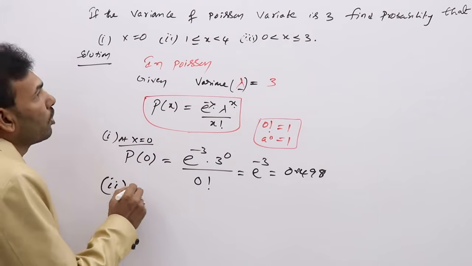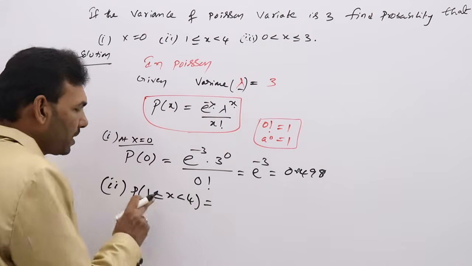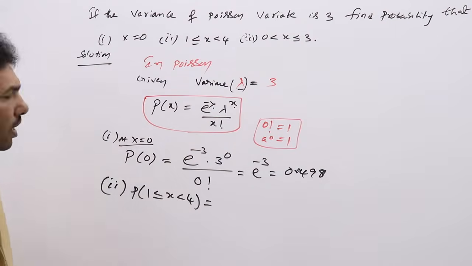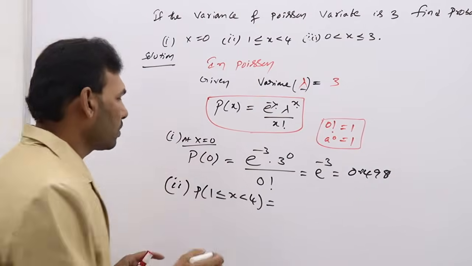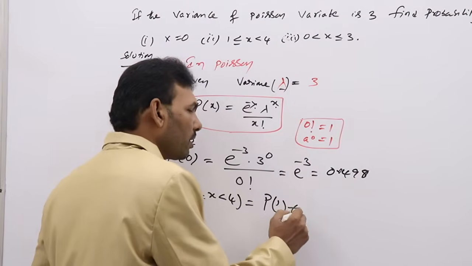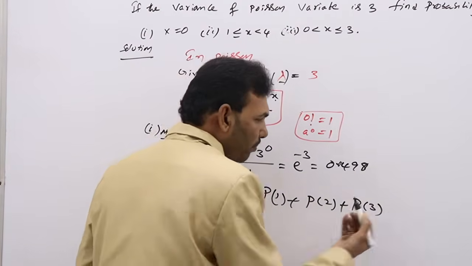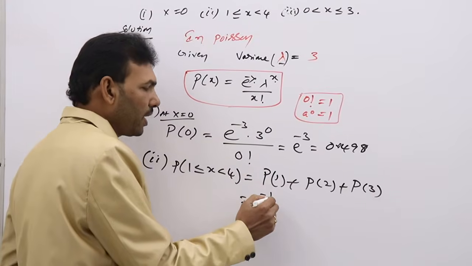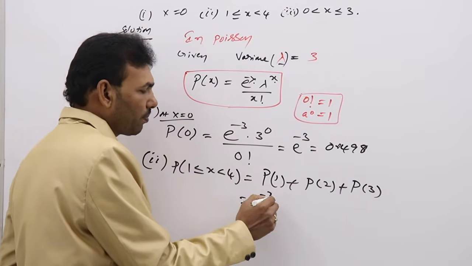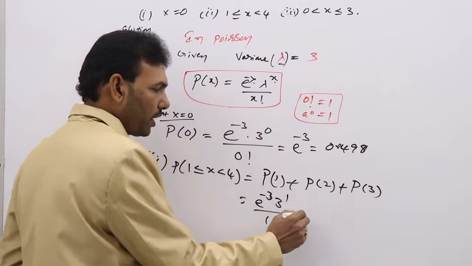Next, P of 1 less than or equal to x less than 4. That means starting from 1, less than 4 means up to 3. So starting from 1, 2, and less than 4 means 3. Probability of 1 is e power minus 3 into 3 power 1 by 1 factorial.